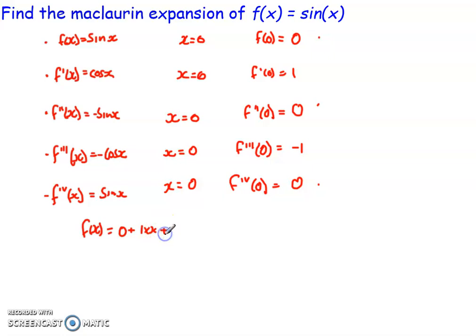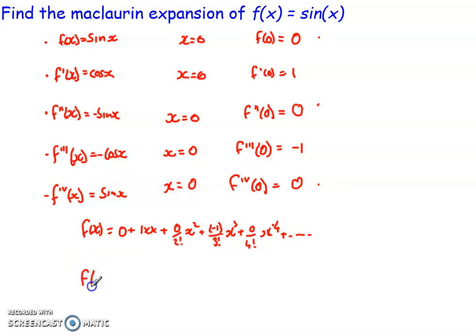I'm then going to have my second derivative over 2 factorial, so plus 0 over 2 factorial x squared, and I'm then going to have my next derivative, so plus negative 1 over 3 factorial times x cubed. I'm then going to have my fourth derivative, plus 0 over 4 factorial x to the power of 4, and it would then continue on.